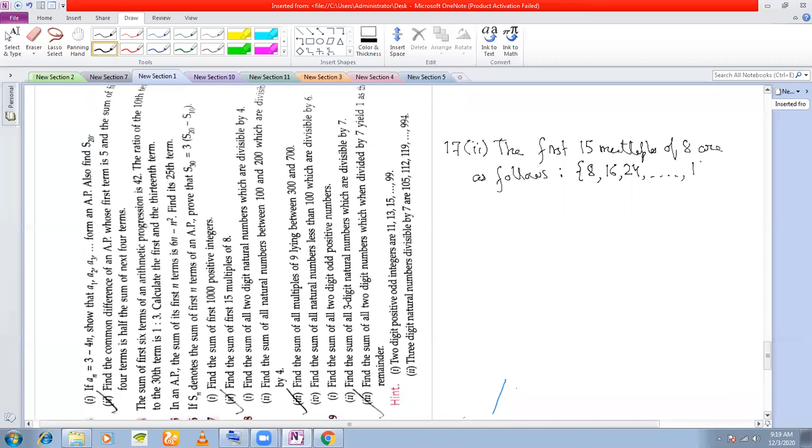This will continue till how many terms? 15 terms, right? I don't care what the 15th term is. I don't need it. But what I know is that it is still 15 terms, till 8 into 15. But I don't want to find out what is 8 into 15 because I don't need it.